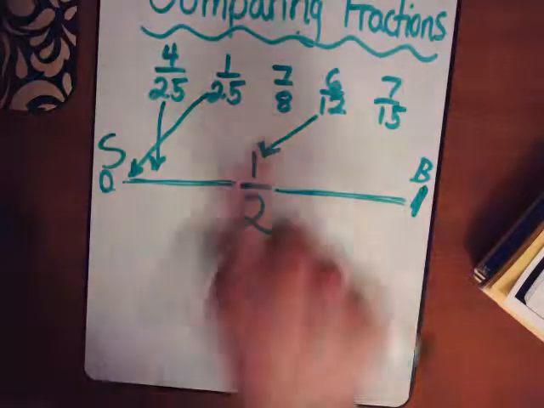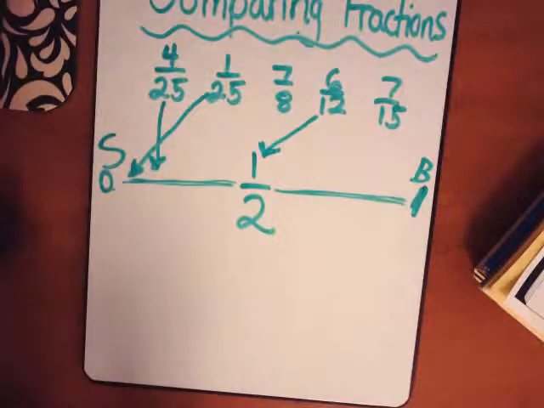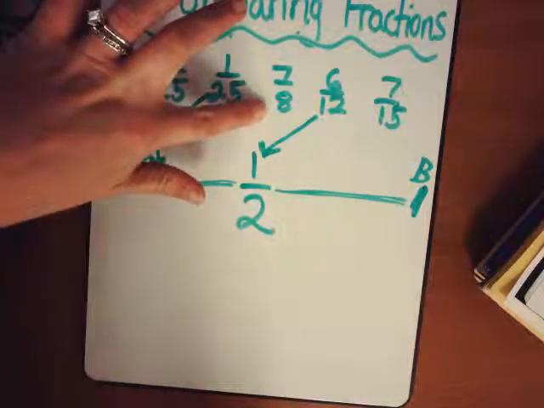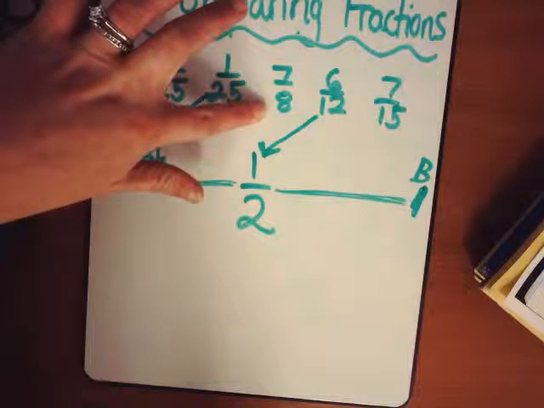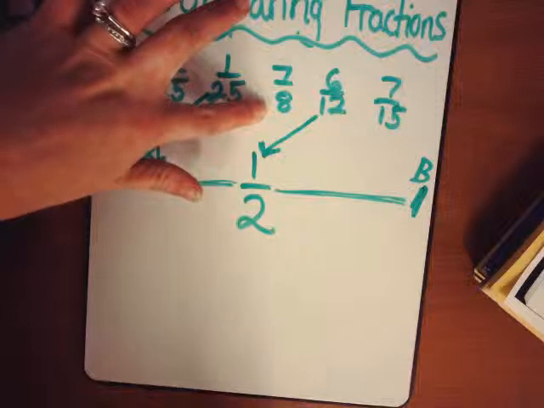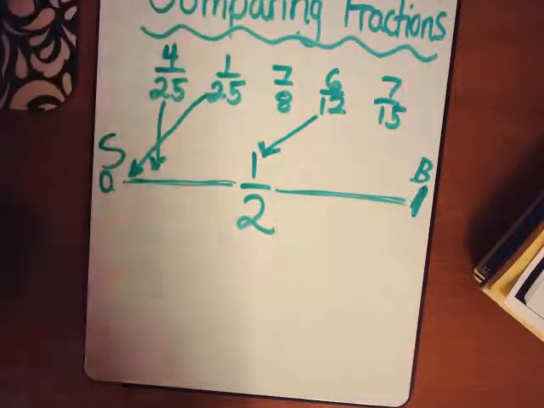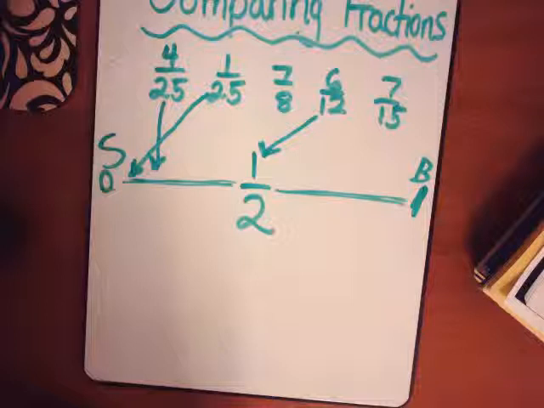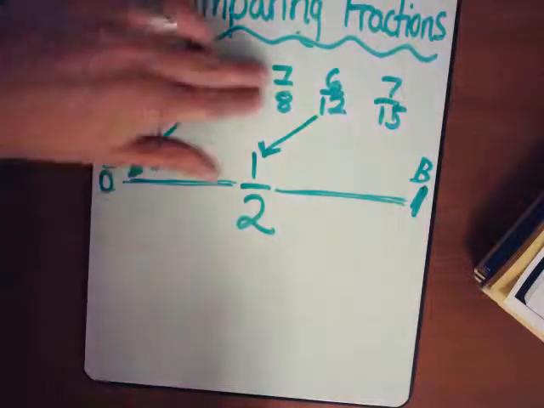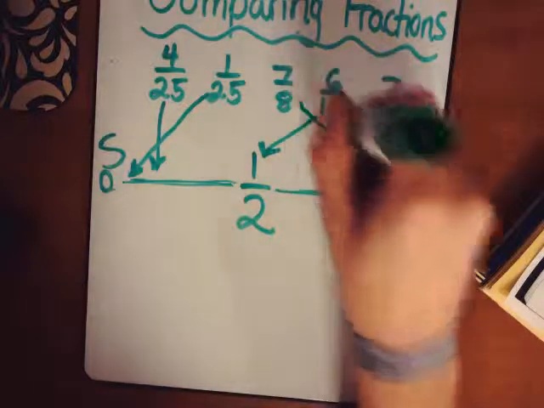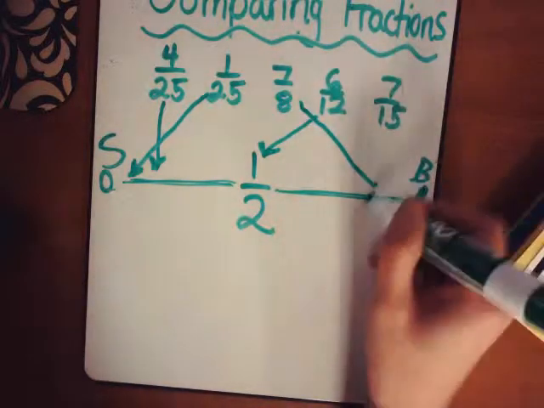And then we've got 7/8 and 7/15 left. So let's think about the 8ths. If I had half of 8, what would my fraction be? Yeah, 4/8. So is 7/8 greater than or less than 1/2? Greater than. It's 1/8 away from being a whole, so that's coming close to our whole.